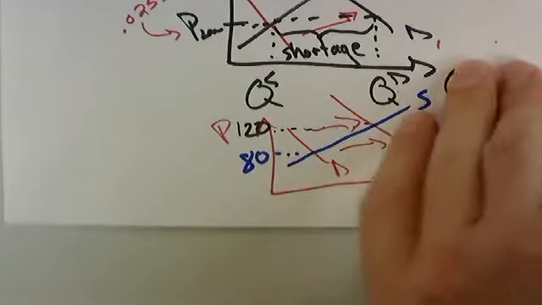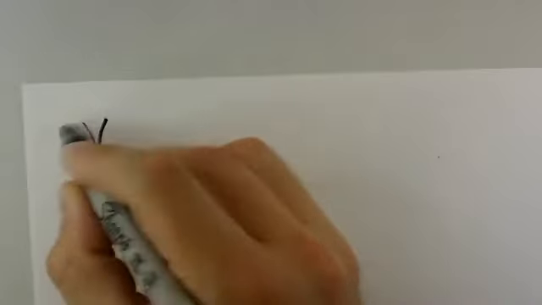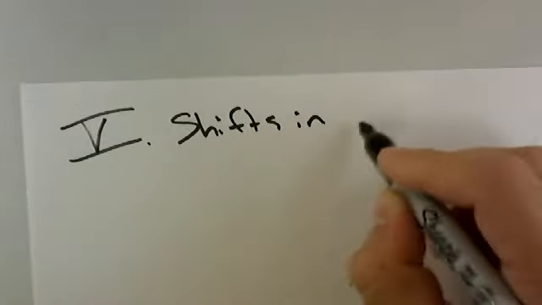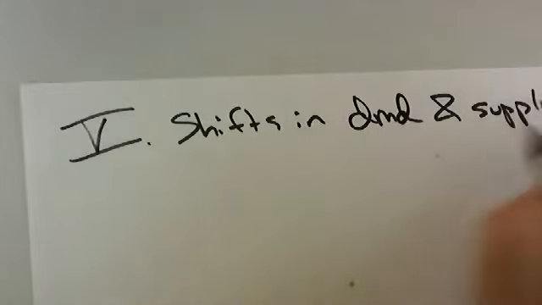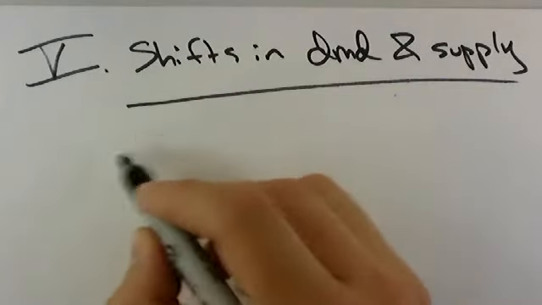So an important thing to keep in mind as we're learning about supply and demand and equilibrium is that things jump around, right? We've already seen some of that, and I've already been introducing you to it.